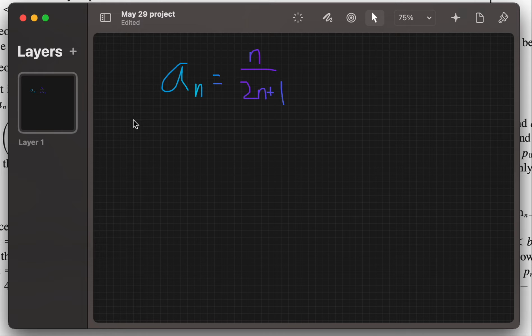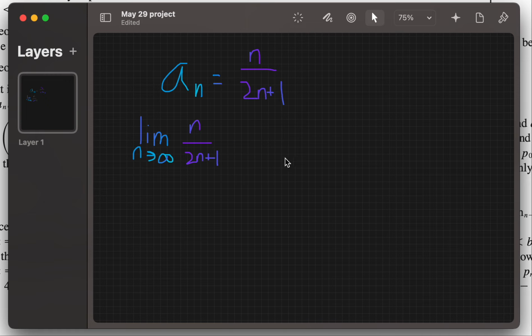First of all, this is a sequence, so you can find this by finding the limit of this sequence. So the limit as n goes to infinity of n over 2n plus 1.